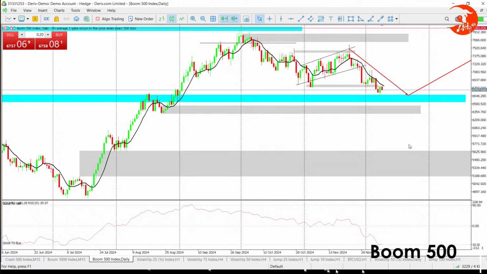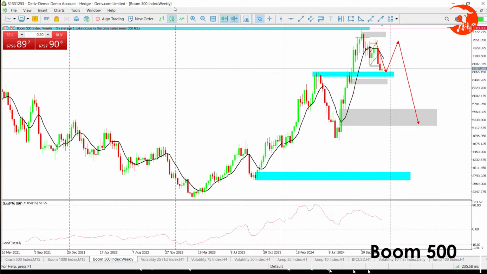And this move, what we wanted, according to my arrows from the previous analysis, is that we come back here, then we start to enter buys, and that is according to daily. According to weekly, we'll be looking for that retracement right there, and then head over for more sells.